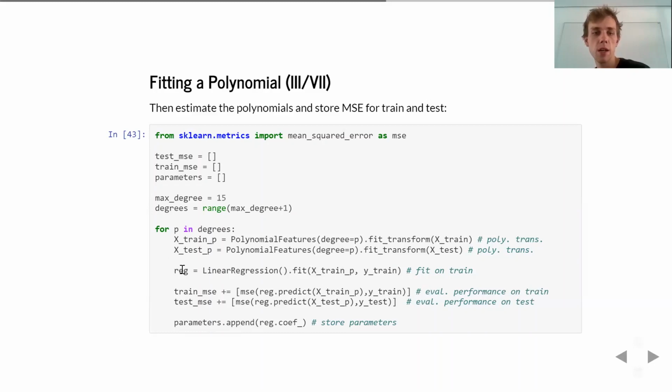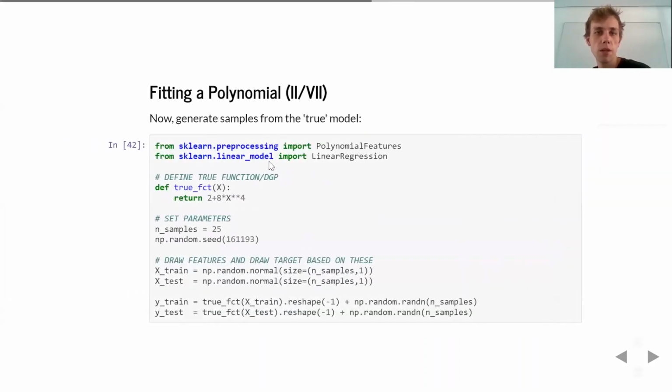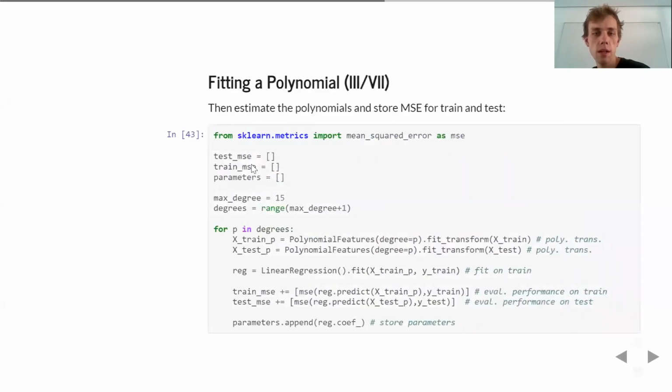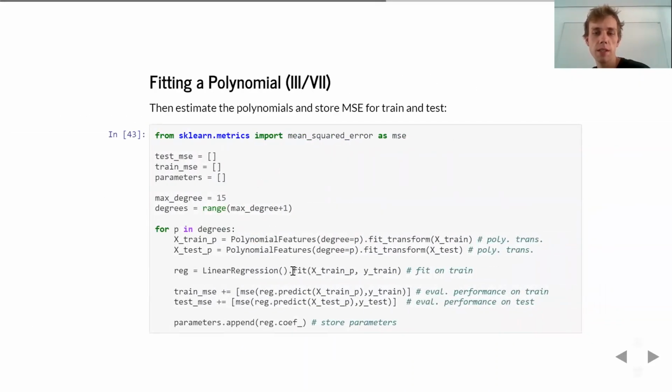We specify reg, that's our fitted model, and we use linear regression drawn from the linear model module in scikit-learn, and then we fit this type of model on our transformed training data set, using both the features and our target. So here we're basically estimating the coefficients associated with a polynomial of a given order on our training data.